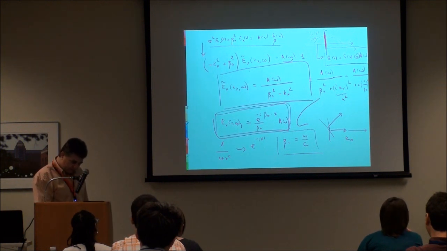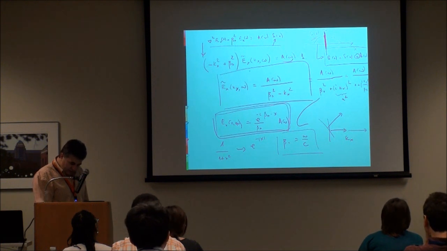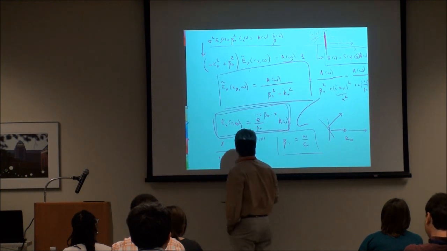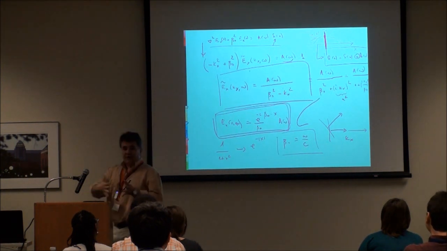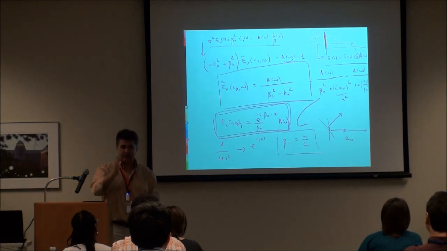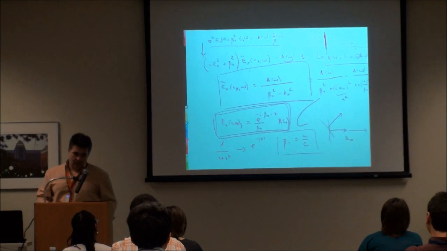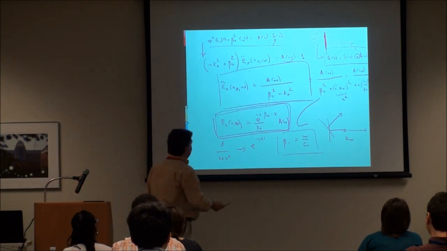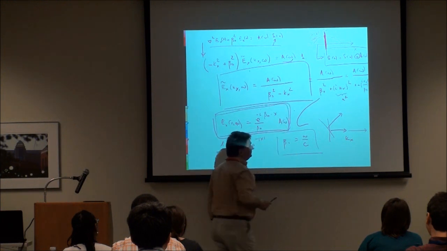E as a function of kx is immediately this over this. And this is actually the solution in the spatial frequency domain for the field coming out of that infinitely broad wall that exists at x equals 0. In order to find it in the spatial domain, we need to take the Fourier transform of this with respect to kx.